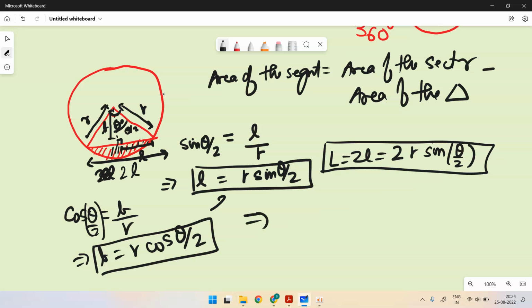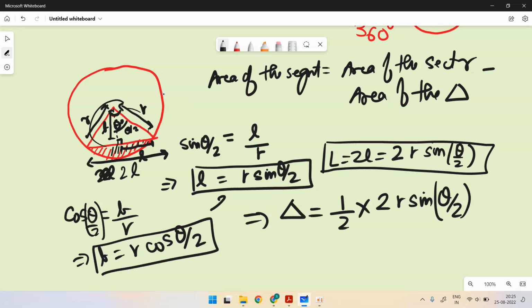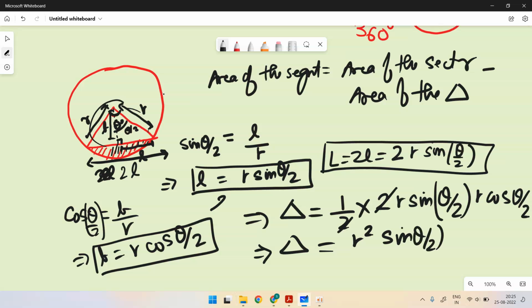So the area of this triangle will be half base into height. The base is the complete 2L, that is 2R sine theta by 2, into the height, which is B, R cos theta by 2. The 2s get cancelled, so this is r square sine theta by 2 cos theta by 2.